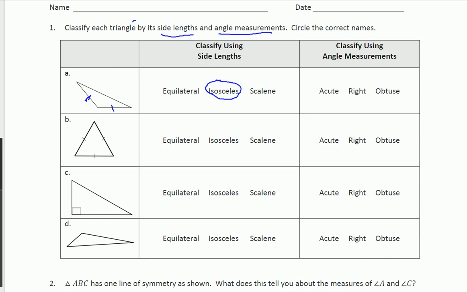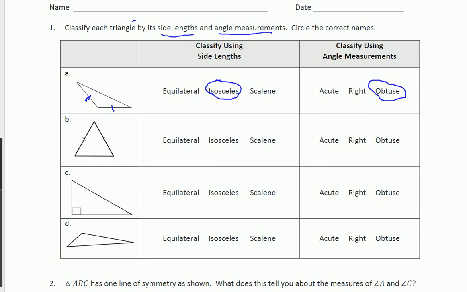We see it's not a right triangle, and there are two acute angles, but if there's at least one obtuse angle, the classification is obtuse. You say, well, wait a minute, I see two acute angles. Yes, there are two acute, but if you have even one obtuse, it is an obtuse triangle. So there you go. Now let's look at the next one.